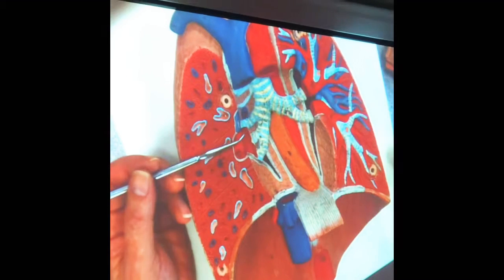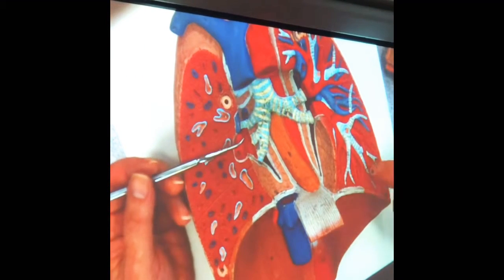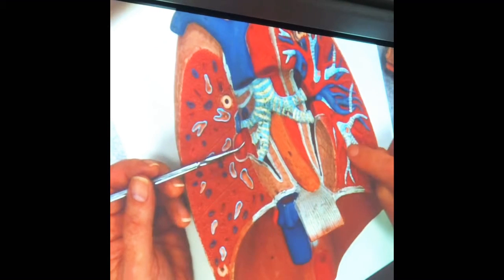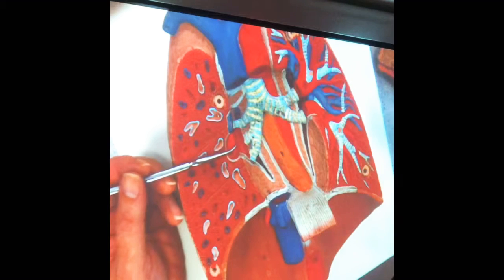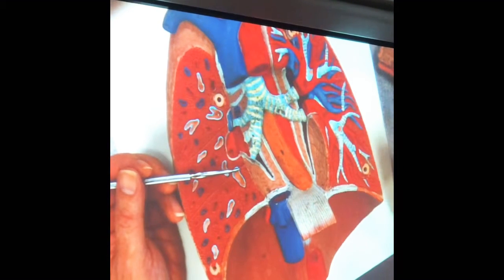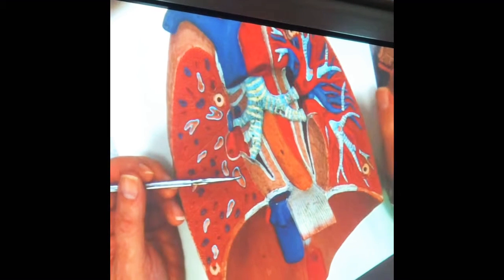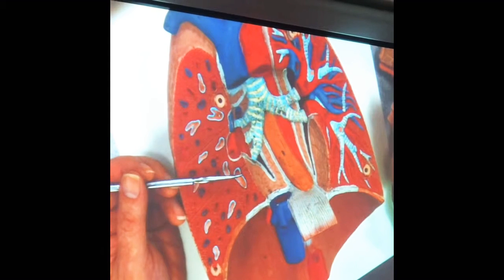The main difference between a bronchiole and a bronchi, as I see it, is that bronchi still have cartilage, so they always remain patent. Bronchioles, all that cartilage is replaced with smooth muscle. So you can constrict a bronchiole completely. They don't have to remain open.